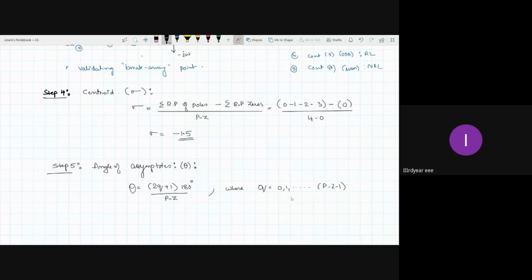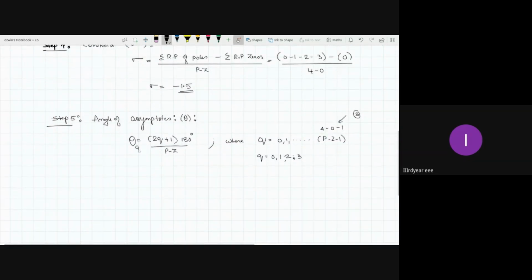So q is equal to 0, 1, up to P minus Z minus 1. P is 4, Z is 0, minus 1 gives 3, so the endpoint for q is 3. So q can assume the values 0, 1, 2, 3, because 3 is the endpoint.